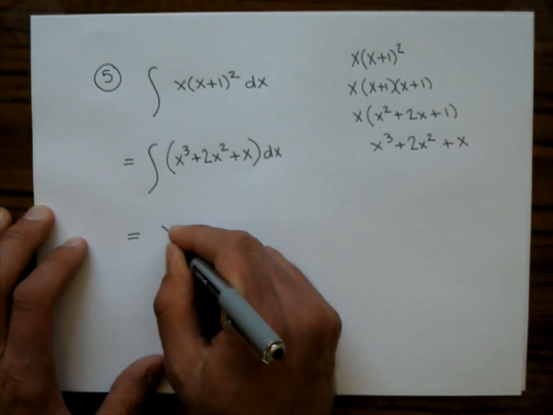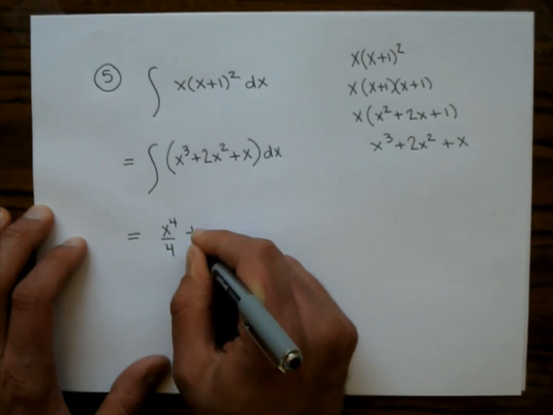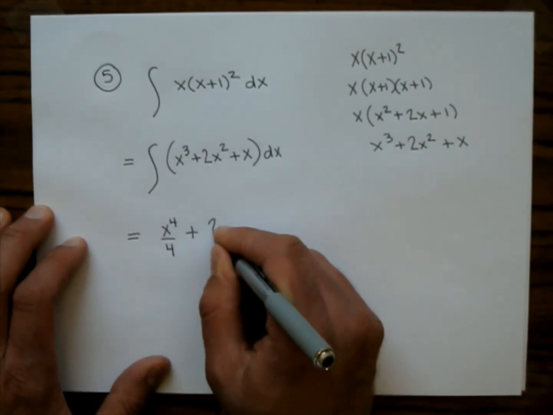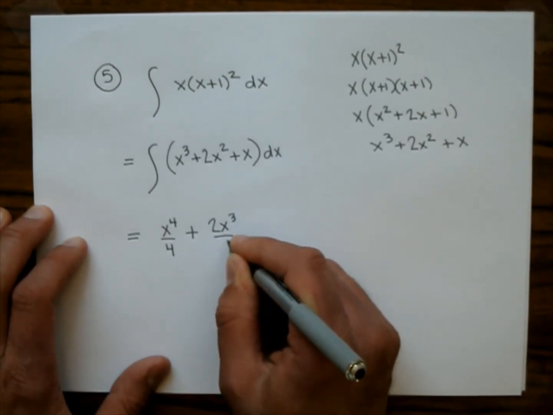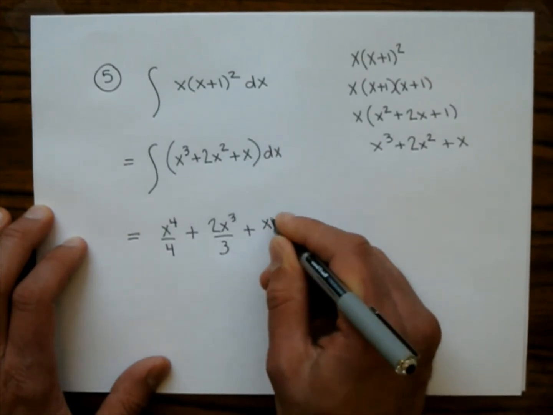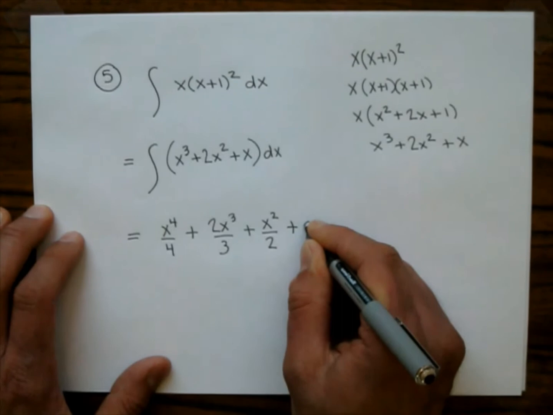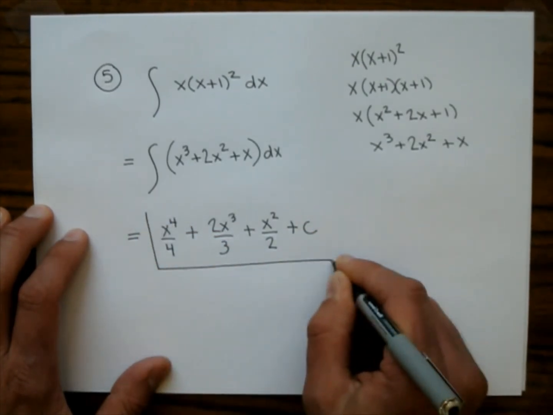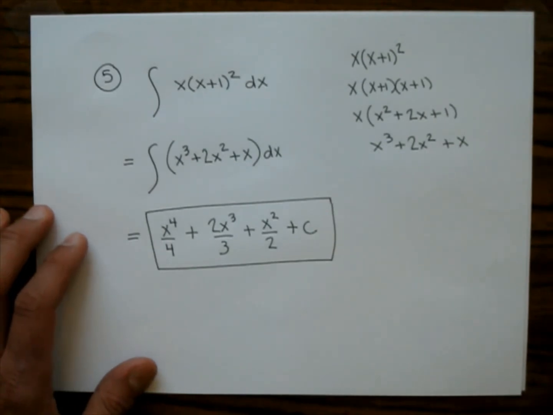The first one's going to be x to the 4th over 4 plus. The next one's going to be a 2x, add 1 to each of those powers, x cubed over 3, plus this one's going to be x squared over 2 plus c. And there's the answer. So I had to do a little algebra to get to the answer.